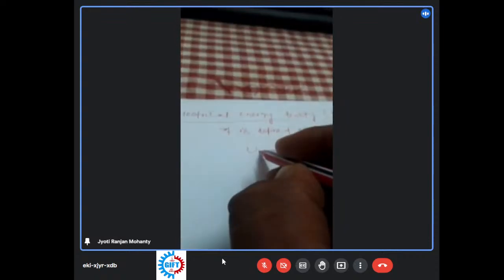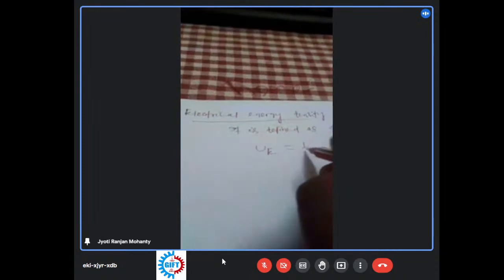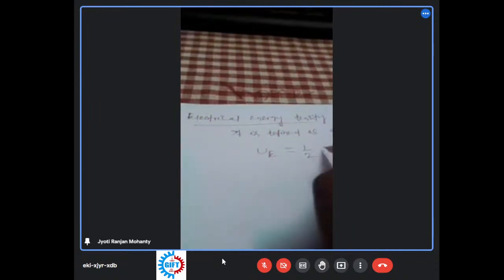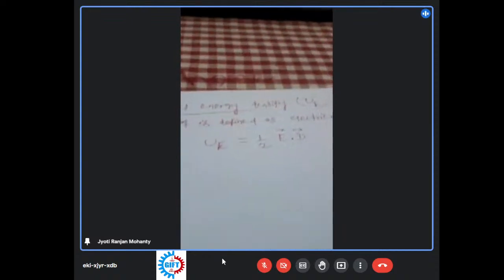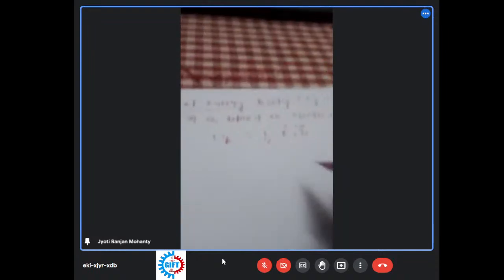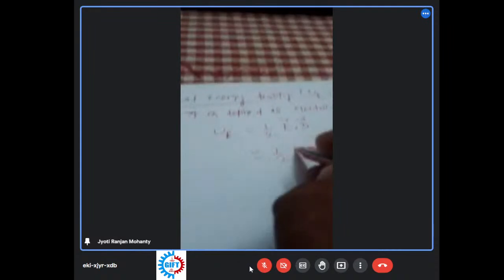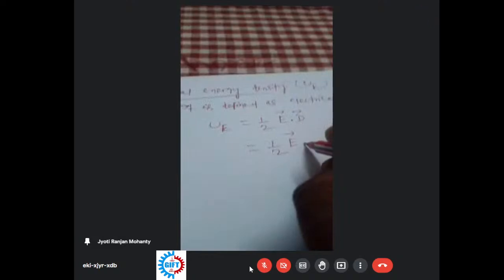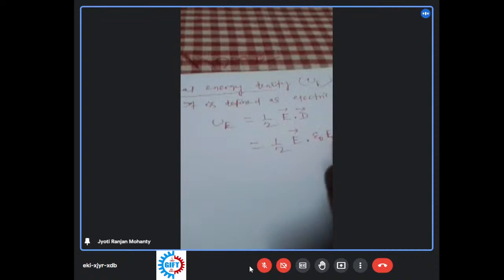Mathematically, I can write UE is equal to 1 by 2 E vector dot D vector. This is the formula. What is the D vector? It is epsilon naught into E, which is known as electric displacement.